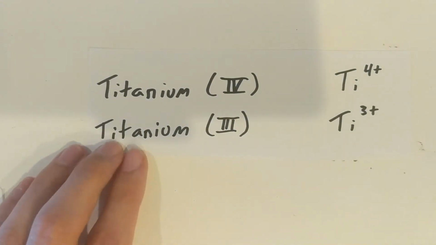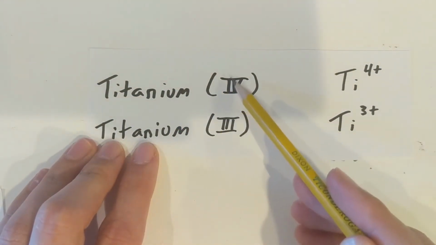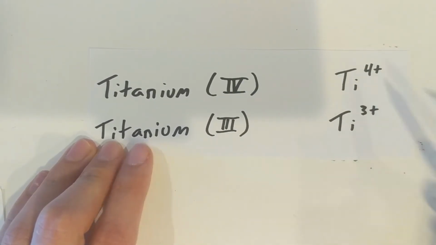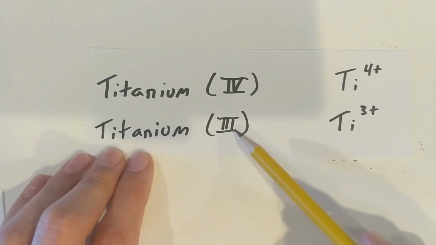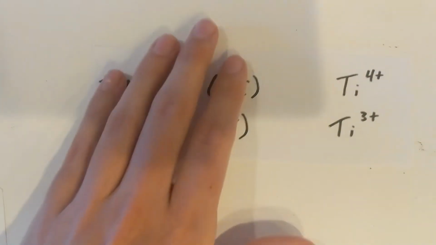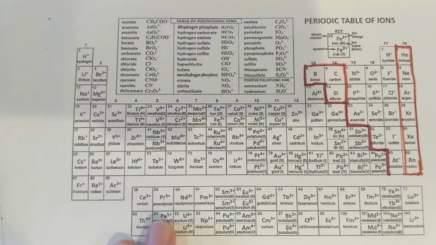And titanium 4, I and V in Roman numerals would be 4. So titanium 4 would have a +4 charge. And titanium 3 would have a +3 charge. Those are just some examples of what you might see. You're just going to look at that Roman numeral, and that will be the charge on your cation.